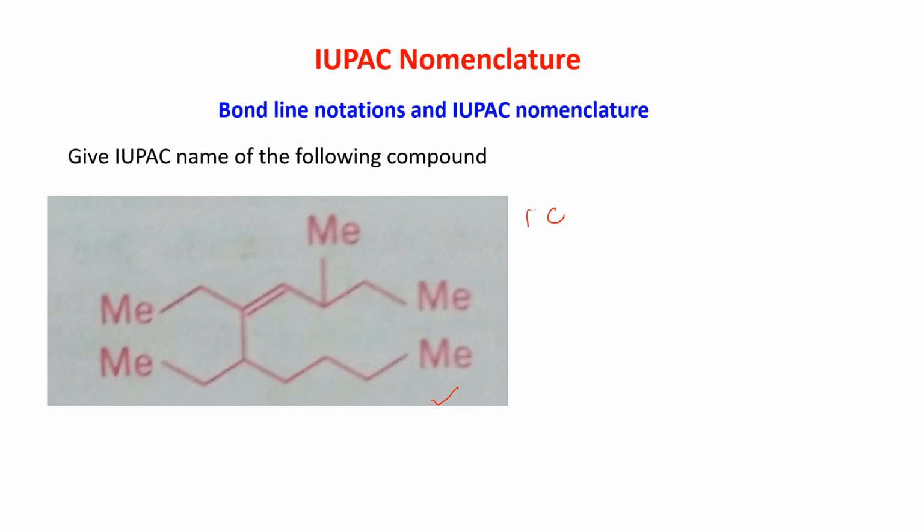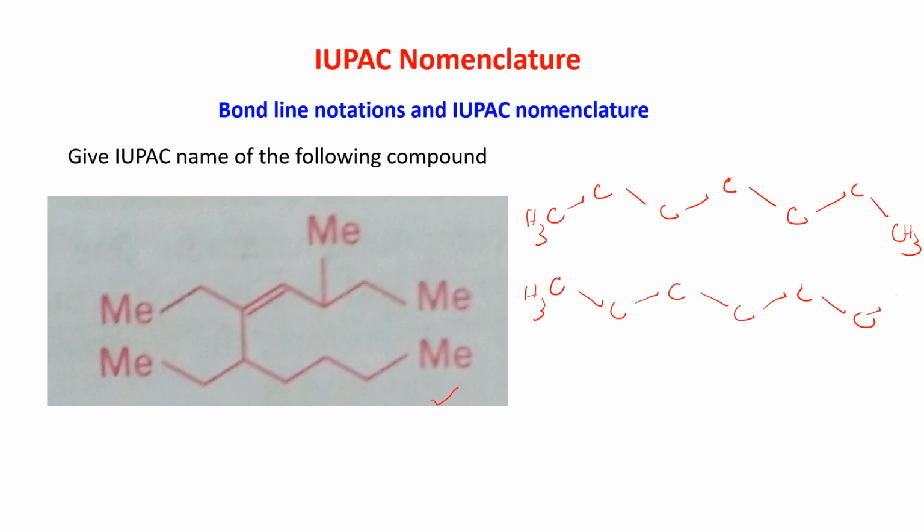So it is CH3, C, C, C, C, C and CH3. And here also it is CH3, C, C, C, C, C and CH3. Here is a bond, here is a double bond, and there is one CH3 group. Okay, now you have to put the numbering.